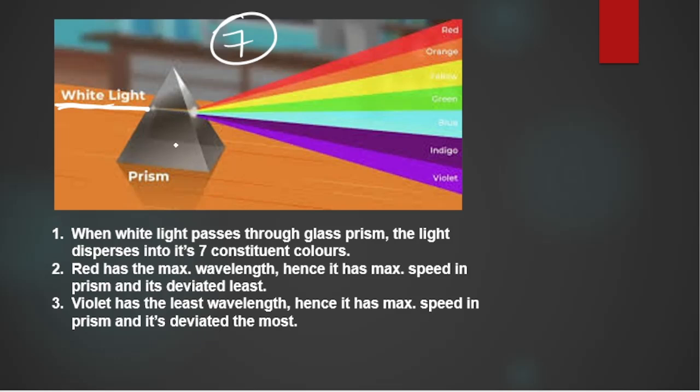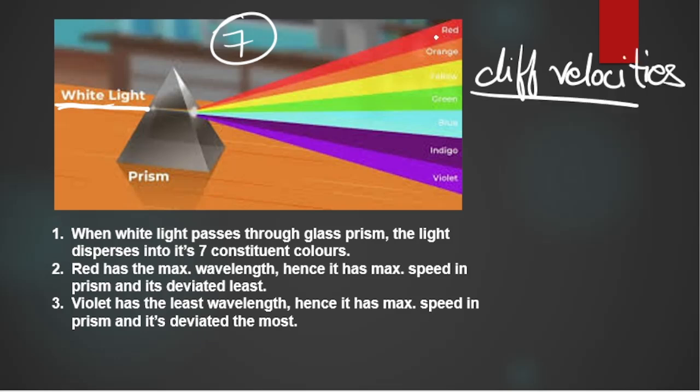How? Because of the different velocities. Every color, whether it's red, orange, yellow, green, blue, indigo, violet, every color has different velocity in this prism, due to which अलग अलग टाइम पे they are coming out, तो वो फिर white light ना रह के individual colors बन जा रही हैं.